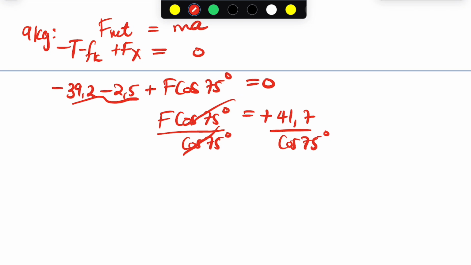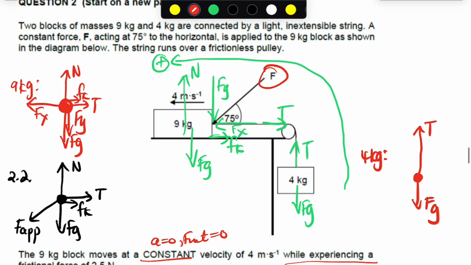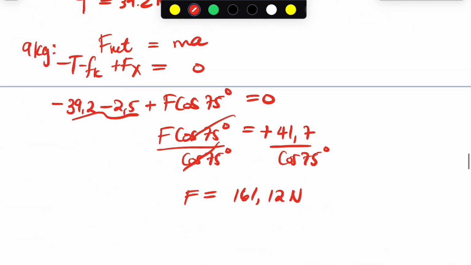So the force is positive. Your F, when you punch in 41.7 divided by cos 75, is 161.12 newtons. This is the force applied. That's the answer. I hope that makes sense. Cheers. Bye.